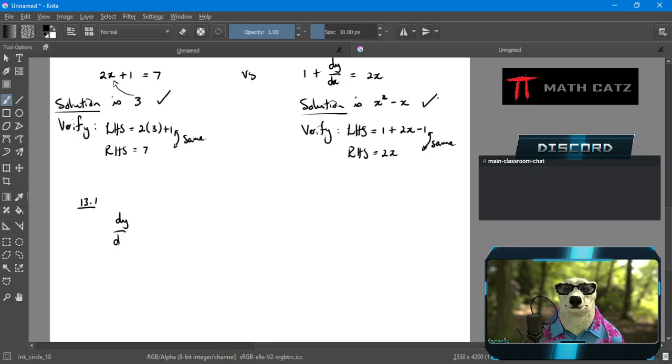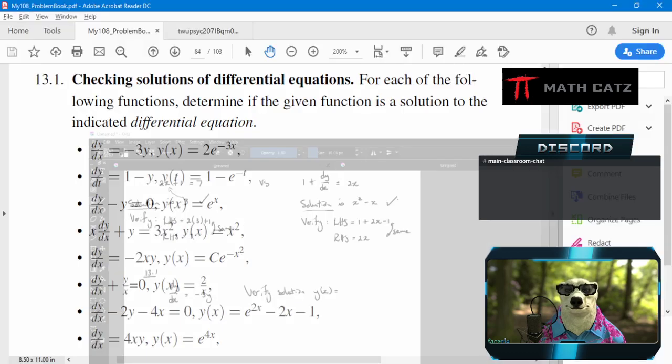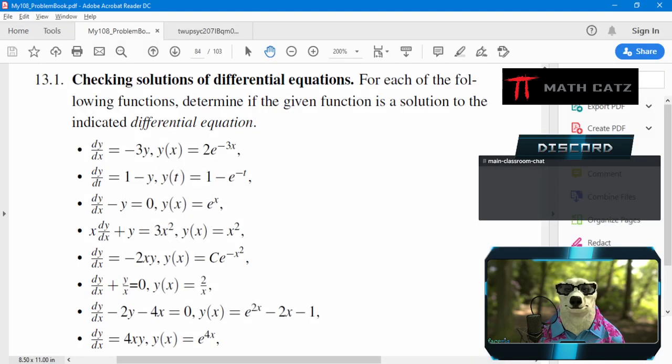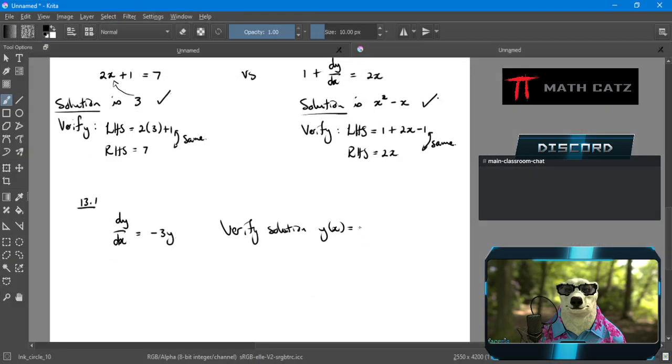So dy dx, is it negative? Yeah, negative 3 times y. And I want to verify the solution function y of x, 2 times e to the negative 3x. All right.